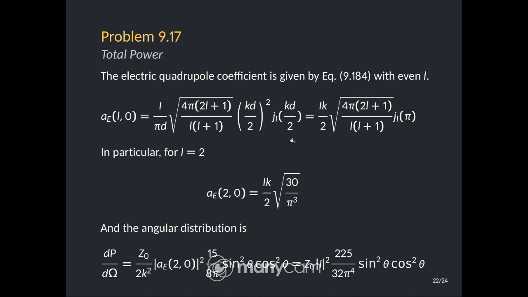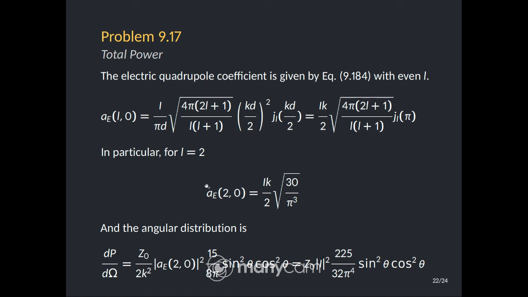And the electric quadrupole coefficient is given by equation 9.184 with even L. The coefficient AEL0 is equal to this, where jL is the spherical Bessel function, and kd is equal to 2 pi. In particular, for L equal to 2, AE20 is equal to k divided by 2 times the square root of 13 divided by pi cubed times the current.